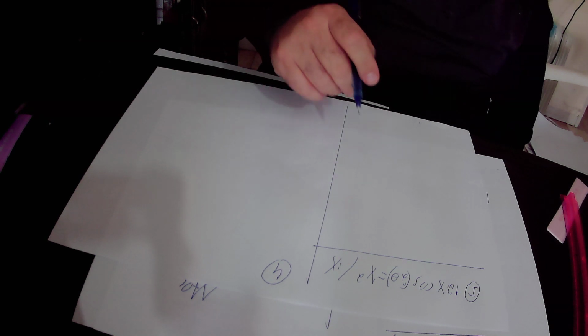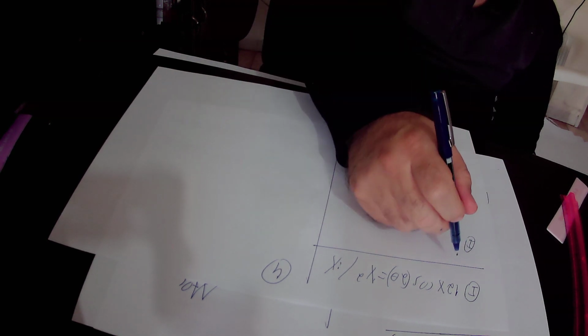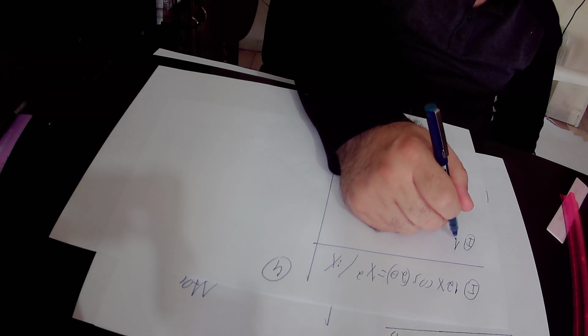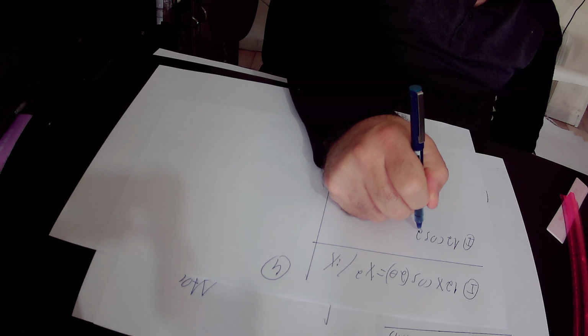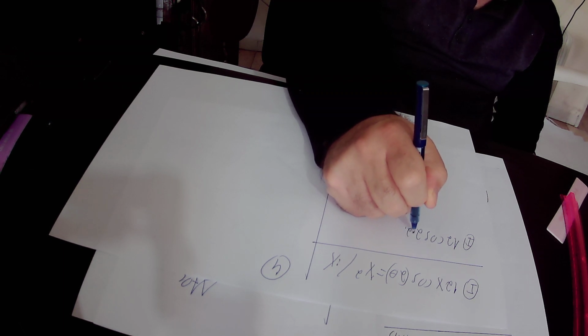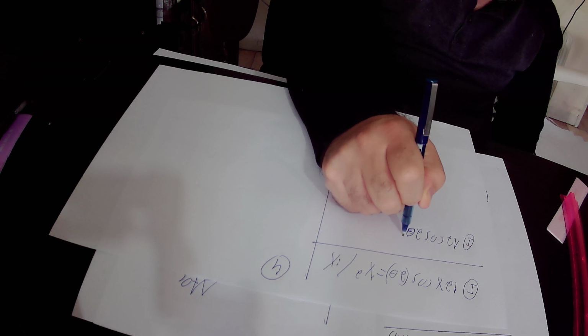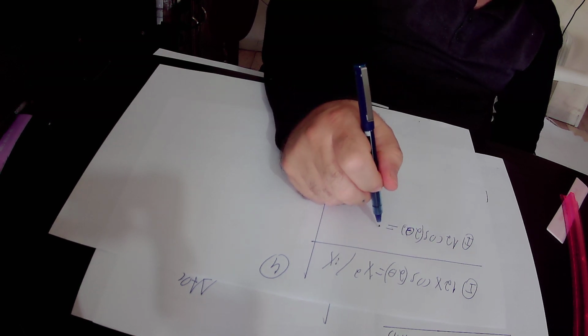So we divide equation number 1 by x and we get that x will get cancelled and we are left only with 12 times cosine 2 theta that is equal to x squared over x, which is x.